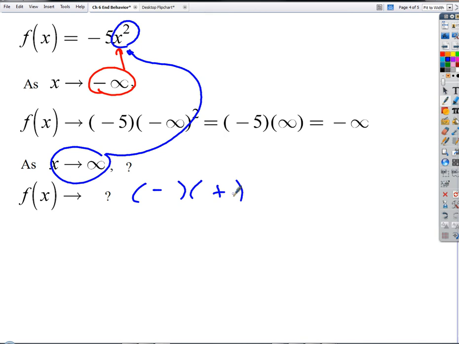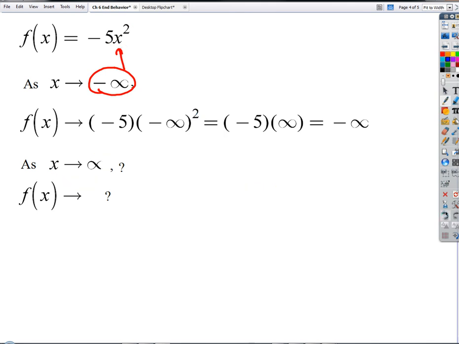And so I get negative times positive equals negative infinity, right? Make sense? And if you want to, you could just think of it as plugging positive infinity in. Negative 5 times positive infinity squared is like taking negative 5 times positive infinity, which is like negative infinity. Take your pick. Make sense?